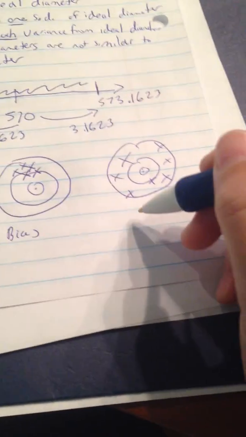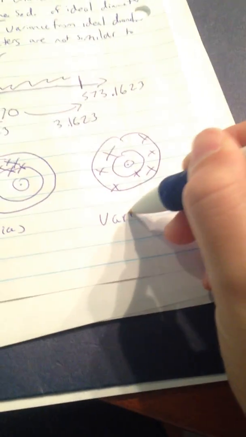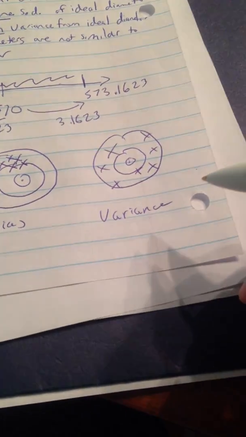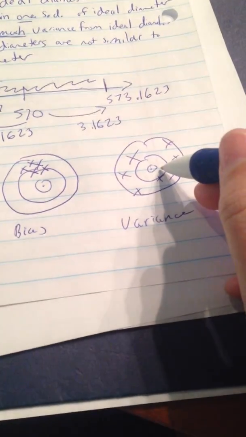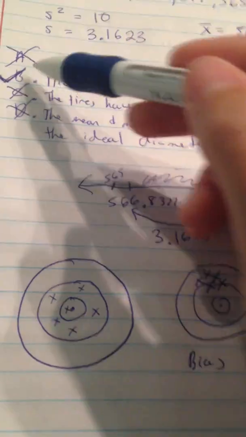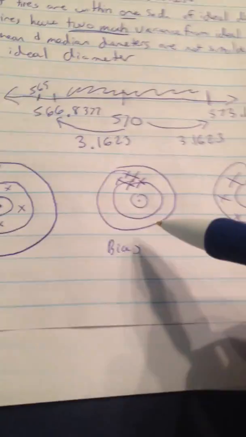And then also you have this scenario where they're centered around the truth, but they're also just very scattered from each other. And so this is too much variance. That's also not the case that we have here, but that would be what you see in letter C. So this is what we have. That's bias. That's too much variance.